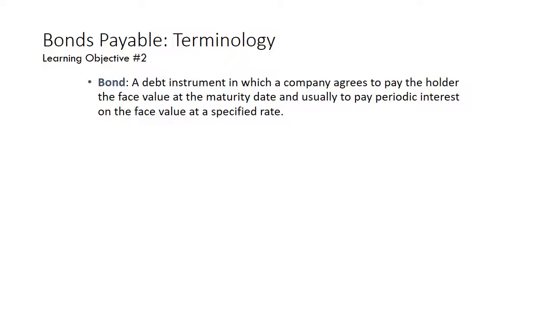The company promises two things to the bondholder. They promise to pay them a face value, an amount on the bond, which is proof of a bond, at a future date, and they also promise to pay them interest at certain times at a certain rate that's on the bond, and they calculate it using the face value of the bond, the amount that will be due when the bond matures.